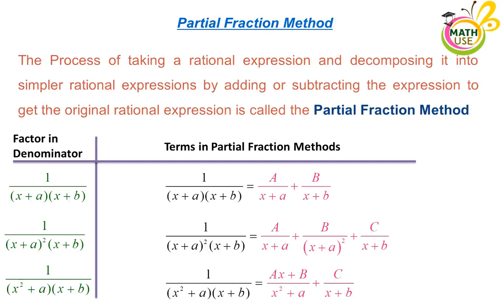Then the remaining term is x plus b, which can be written in partial fractions as capital C divided by x plus b. That's all. So these are the standard partial fraction formulas. We will use these formulas for finding the inverse Z transform.